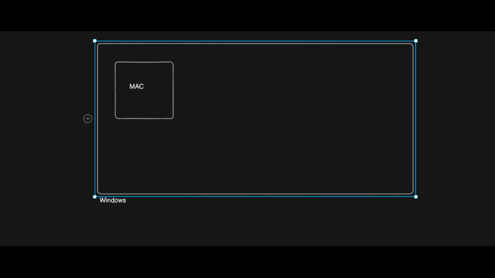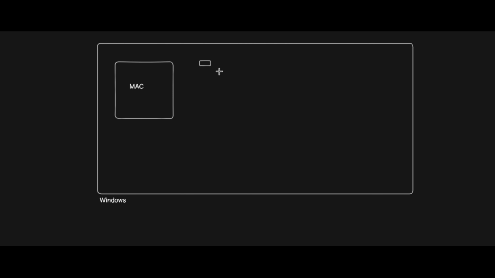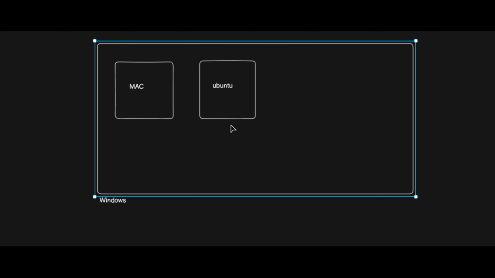On top of that, you are creating virtual environments. Assume you created one for Mac, and the same thing you want to create for Ubuntu, because you are testing how an application works inside different environments.